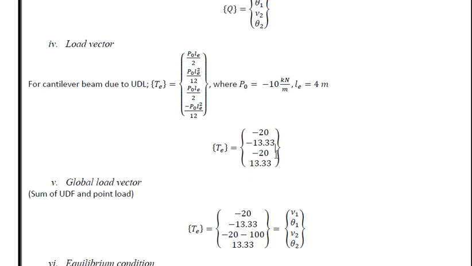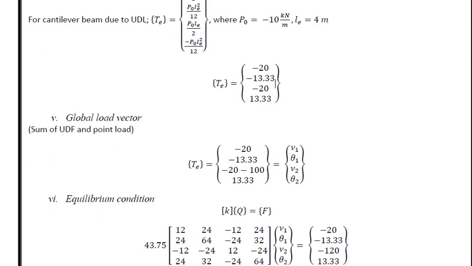Now, this minus 20 is for the first degree of freedom, that is V1. The second one is for theta 1. This is for V2. This is for theta 2. Deflection at node 1, rotation at node 1. The third one is deflection at node 2. The fourth one is rotation at node 2.